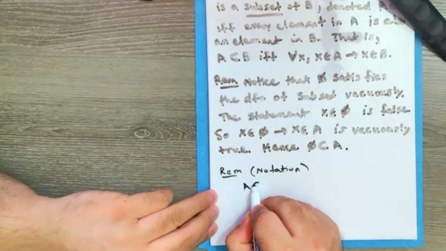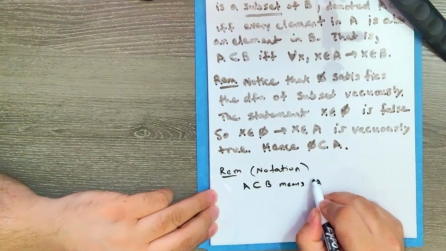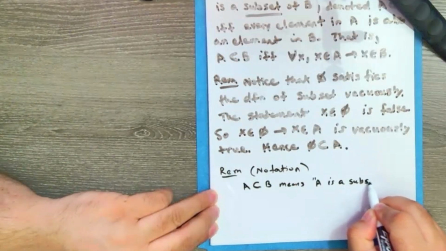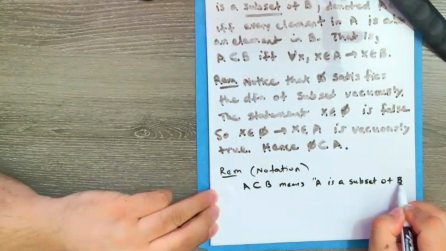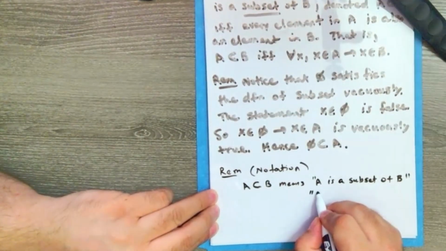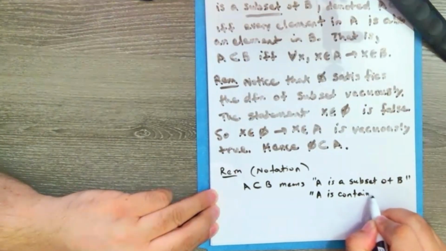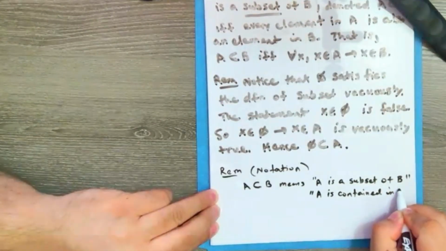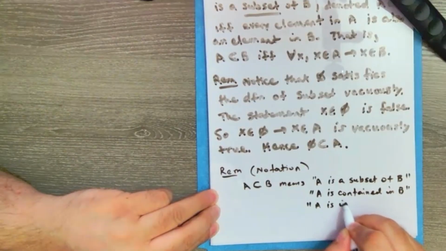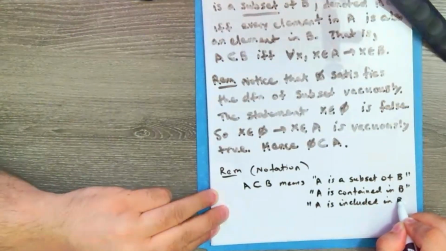This notation means A is a subset of the set B. Another way to say this is that A is contained in the set B, or A is included in the set B.